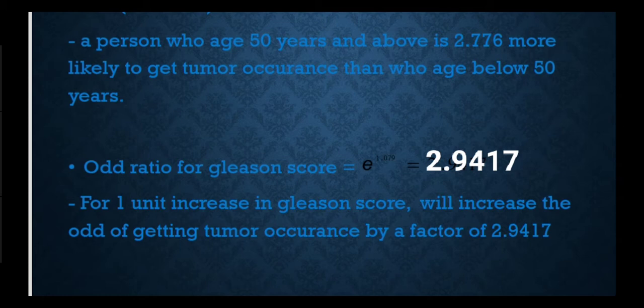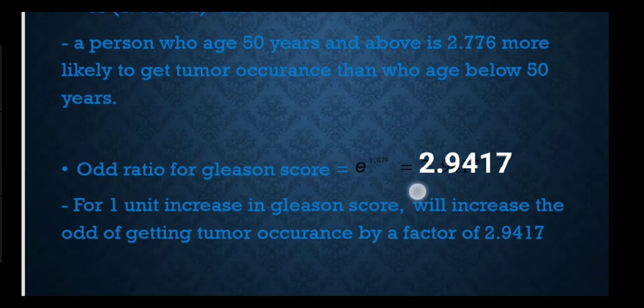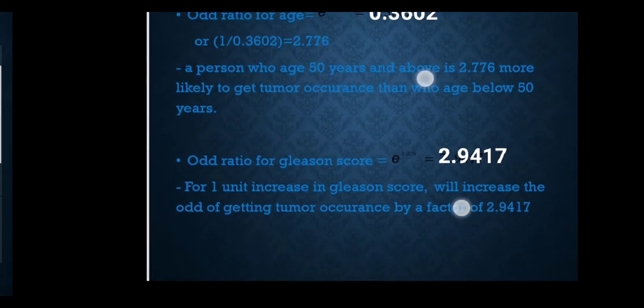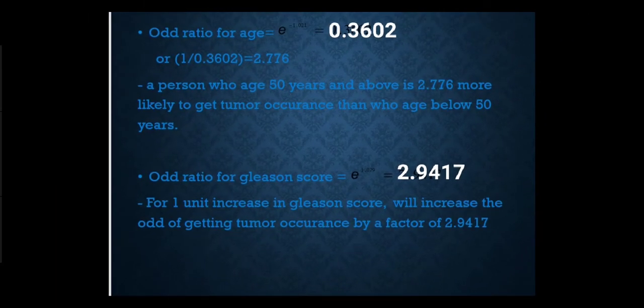So we can interpret it as for 1 unit increase in the Gleason score will increase the odds of getting tumor by a factor of 2.9417 times. Okay, that is the way you interpret the odds ratio if it involves the continuous scale and also a nominal scale for independent variables.